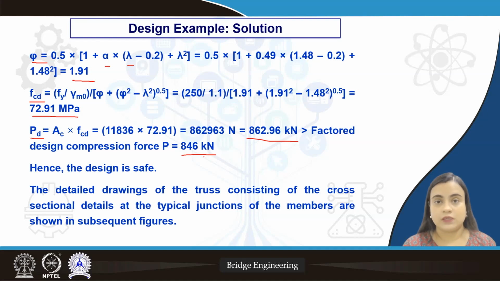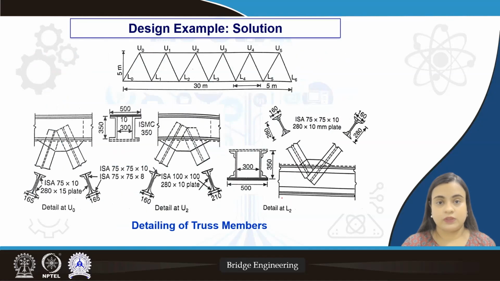Here, for every steel design, we have followed IS 800 2007. The detailed drawing of the truss, consisting of the cross-sectional details of the typical junctions of the members, is shown. For the truss, the detailing of members at U0, U2, L2 are shown.